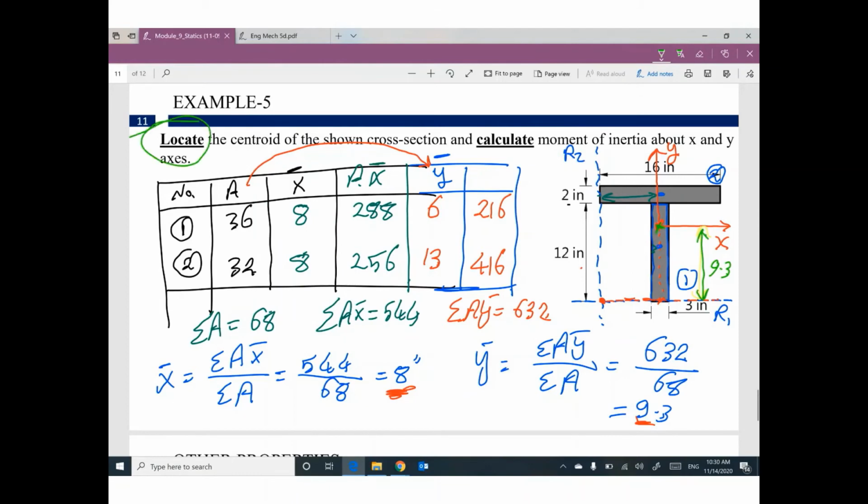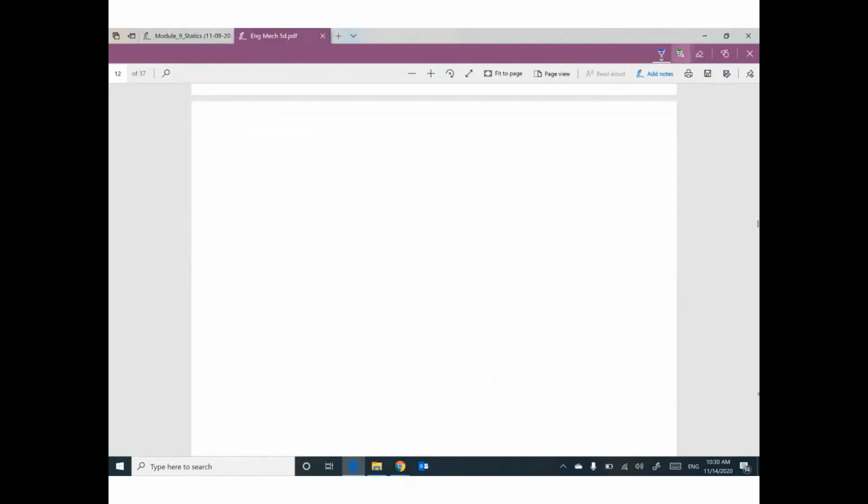First part, locate the centroid to put the x-axis and y-axis. Second part, I'm looking for Ix. So I need to set up another table.